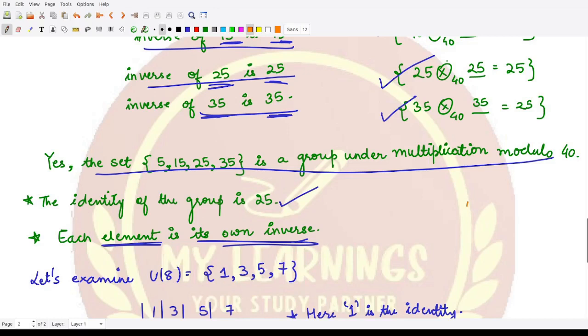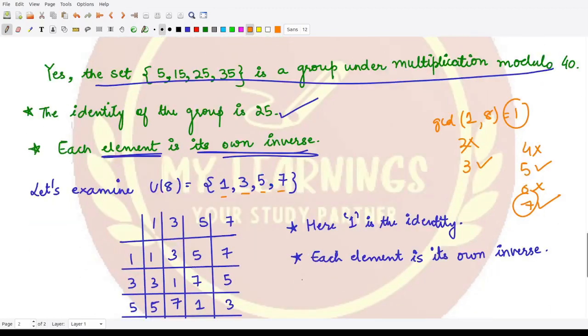So 1 is relatively prime to 8 because GCD of 1 with 8 is 1. 2 is not, 3 is yes, 4 is not because they have 2 in common. 5 is yes, 6 is no because they have 2 in common, and then 7 is also there. So we start from 1 and go up to 7, and we have the elements 1, 3, 5 and 7.